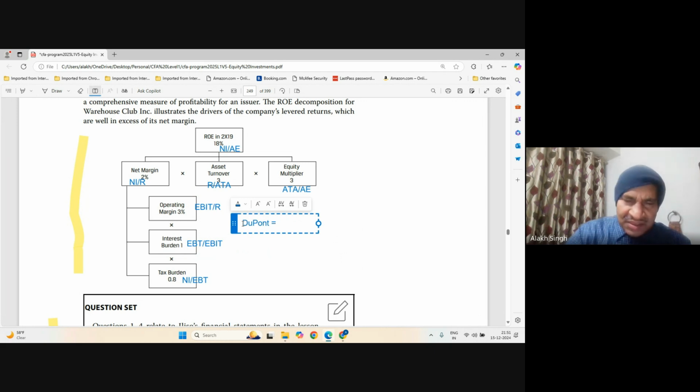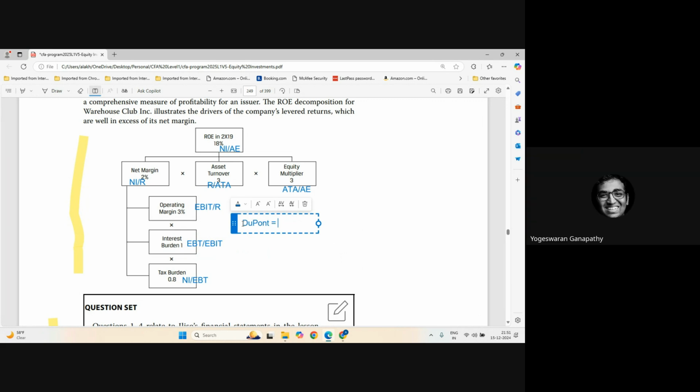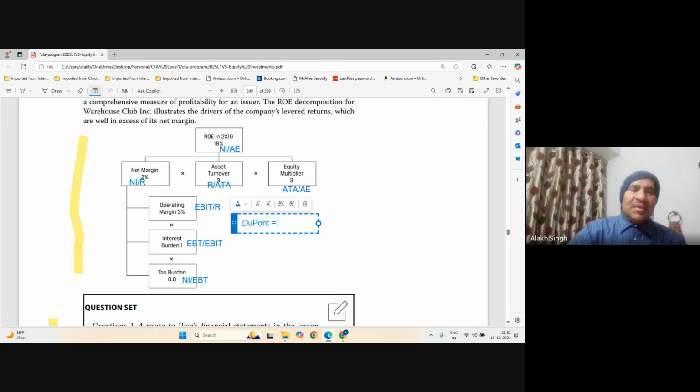Net margin, return on equity is net income by average asset. This you remember? Sir, I was not able to exactly recollect. Oh, you're not able to? Okay. With practice, if you do it only 3-4 times, you will be able to remember it.